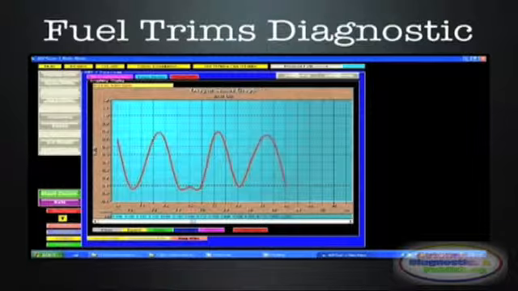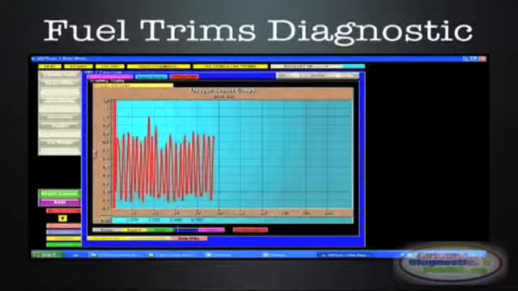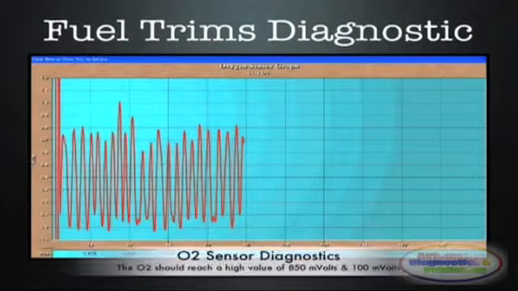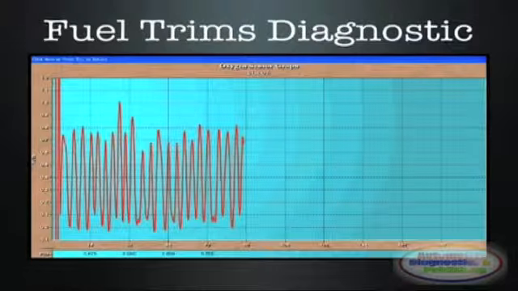A minimum of 150 millivolts or 0.150 volts and a maximum of 800 millivolts or so, about 0.800 volts is desirable. Anything under 0.7 volts or over 0.2 volts is not good. A sluggish O2 sensor will skew the fuel trims and make you believe that there is another problem, when in fact it is the O2 sensor.